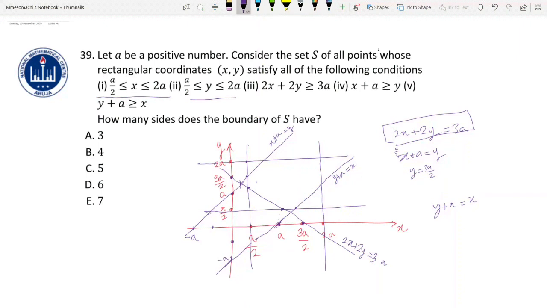Now for 2x plus 2y to be greater than or equal to 3a, let's interpret that from this line. It means we're talking of the points above the line, greater than or equal to it.